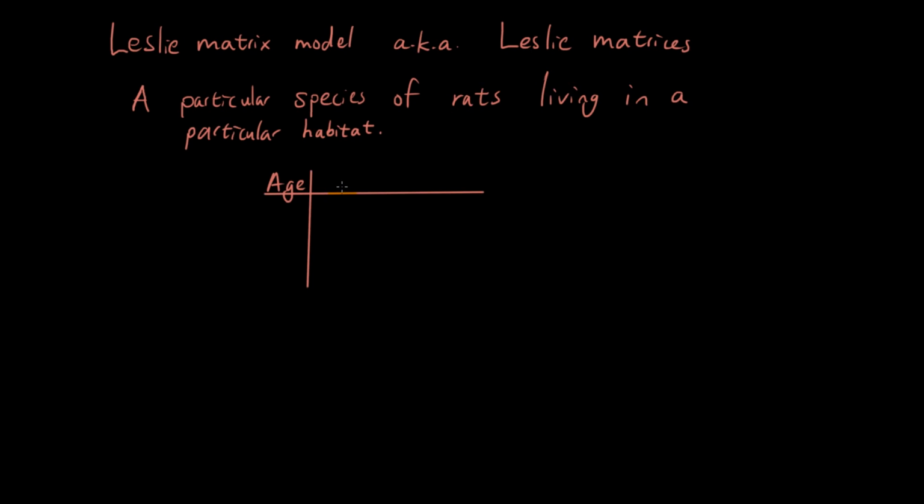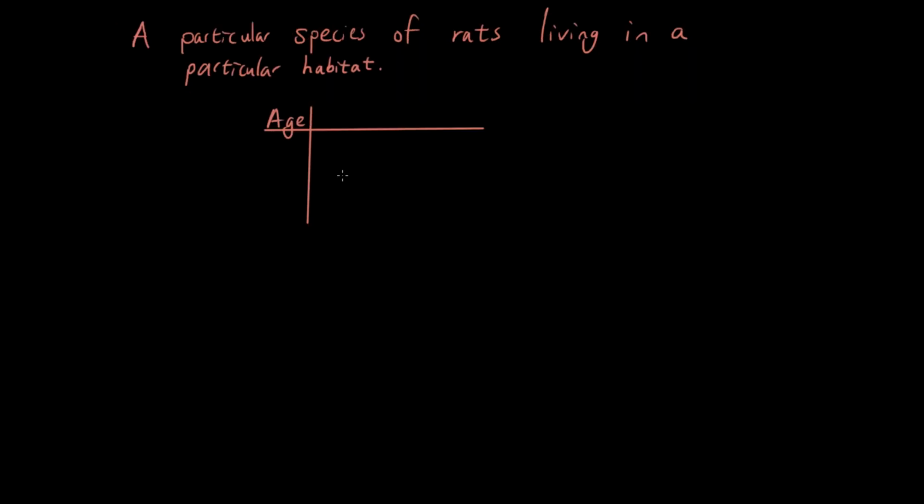Let's say we record the age of rats in years, and the age of rats can either be 0 to 1 year old, 1 to less than 2 years old, or 2 to less than 3 years old.